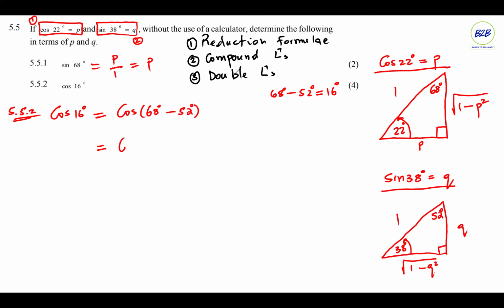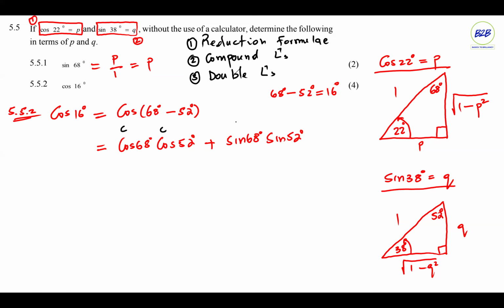What is the pattern? Cos, cos, sine, sine. Cos, cos, sine, sine.